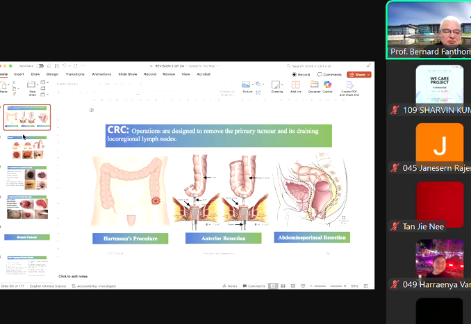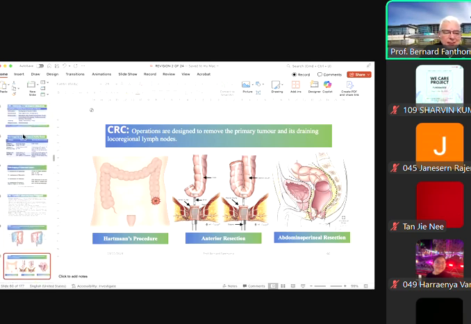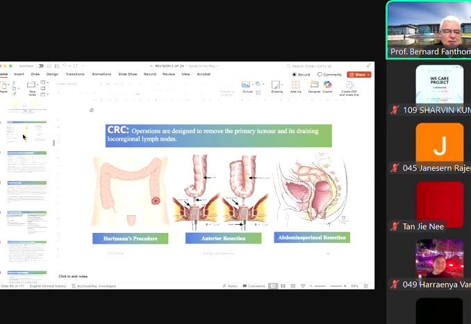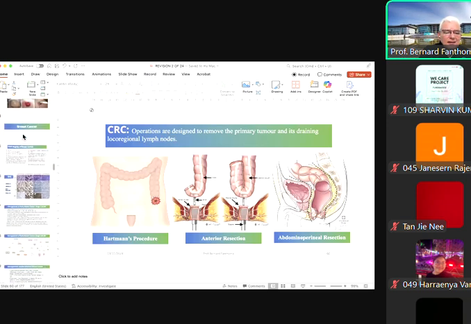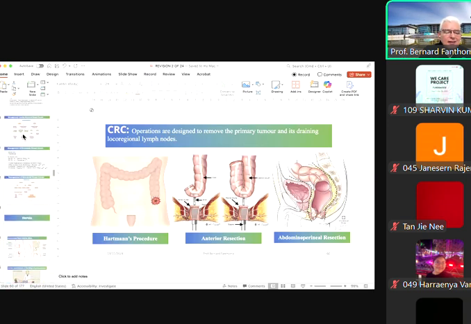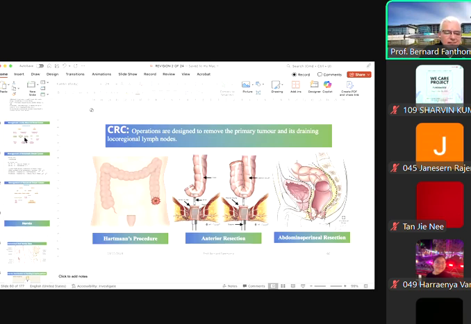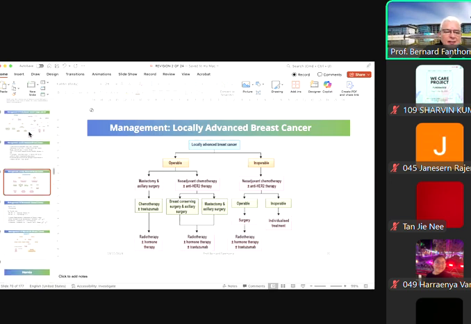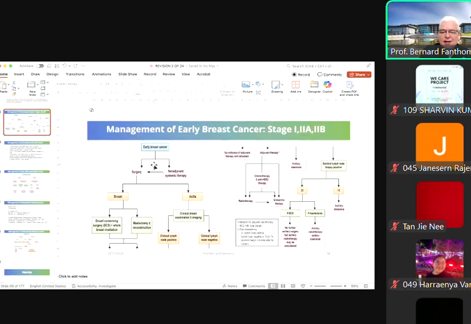Adjuvant chemotherapy for early breast cancer. So, what is the confusion here?